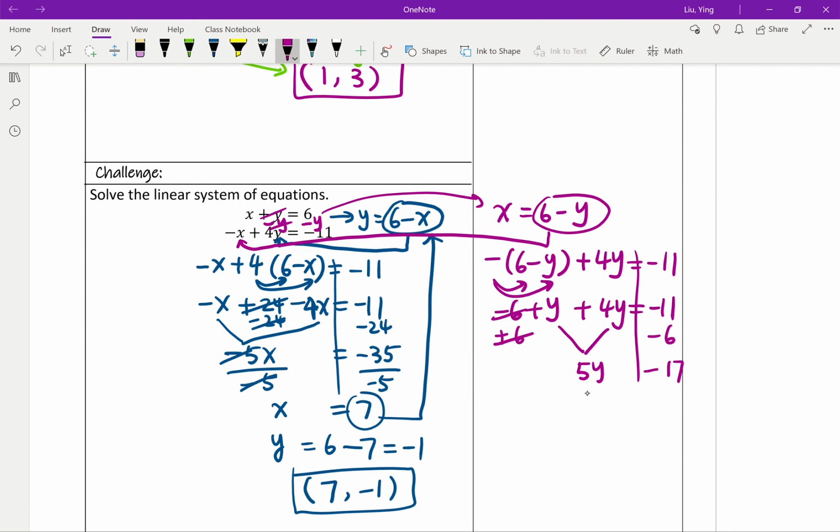Oh, okay. That's because I didn't do the same thing on both sides of the equation. I added 6 on one side, but then I subtracted 6 on the other side. That's why. Okay, so I'm going to add 6 on this side to fix it. So then that means negative 11 plus 6 is going to give me negative 5.